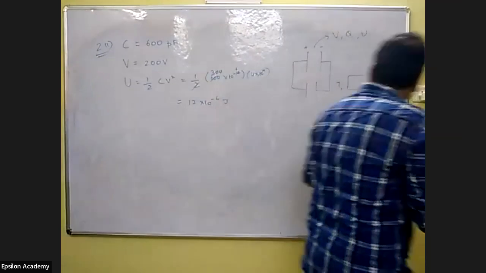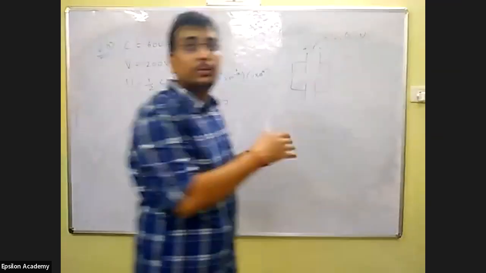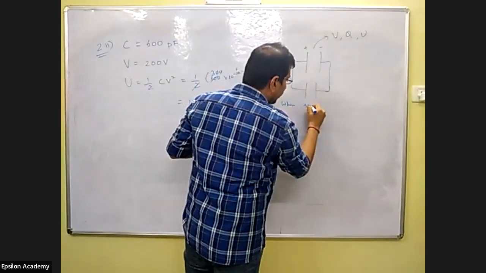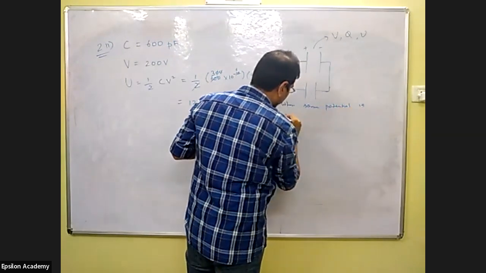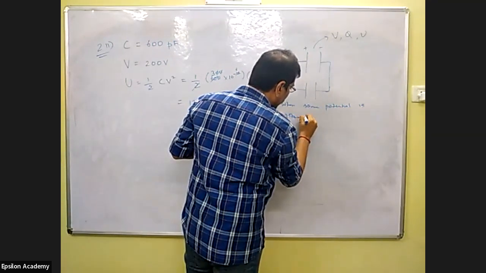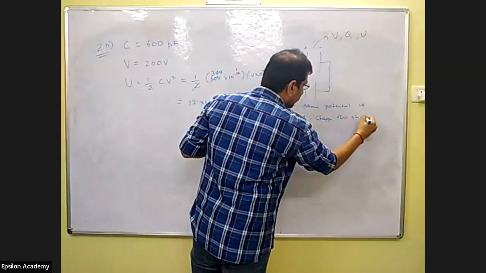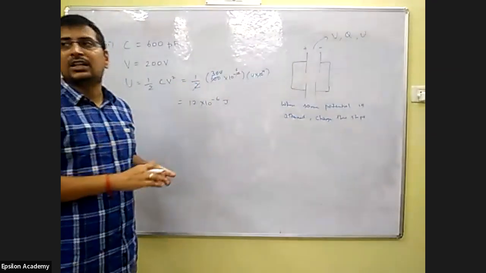So the logic is, when should it stop? When the potential of both the capacitors becomes the same. When the same potential is attained, charge flow stops. Correct?